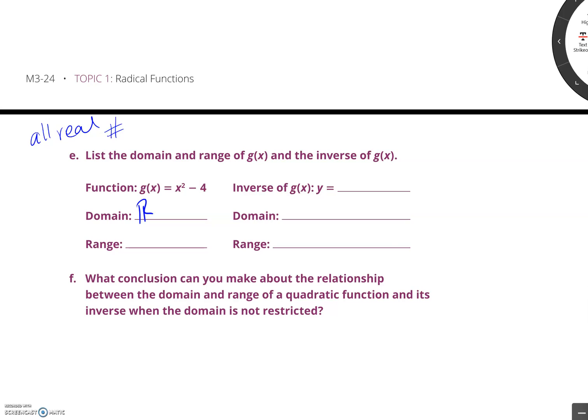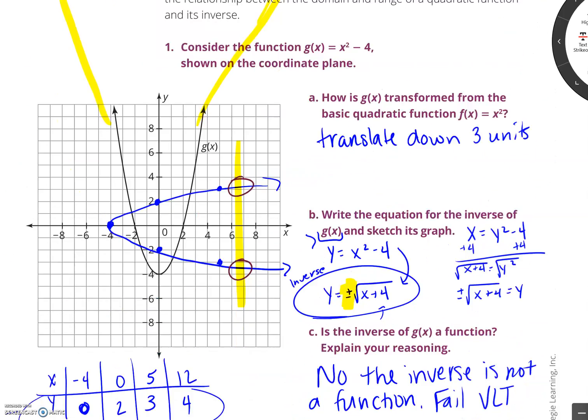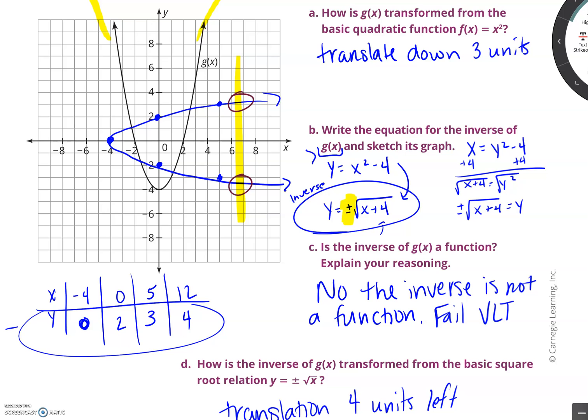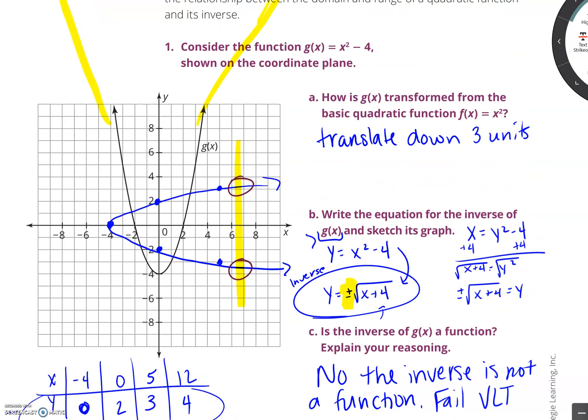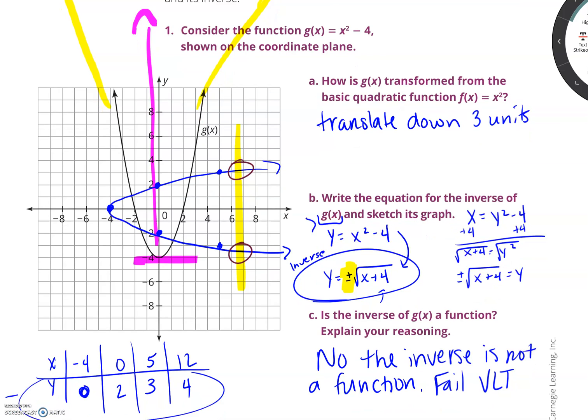All right, but our range, remember, we are looking at where it exists up and down, the y values. It's going to continue to go up forever, and there's going to be no y value that it doesn't come in contact with above our minimum point. So our graph does not exist below -4.